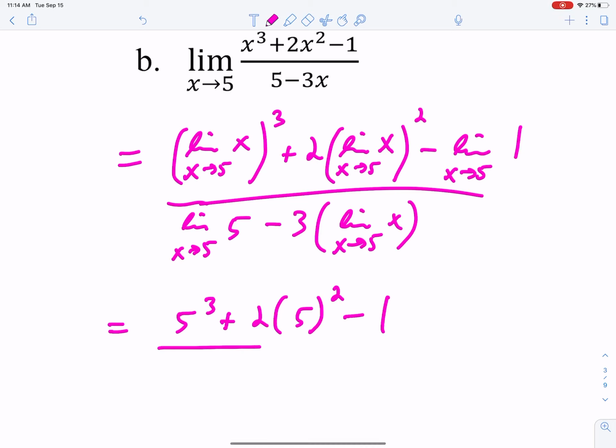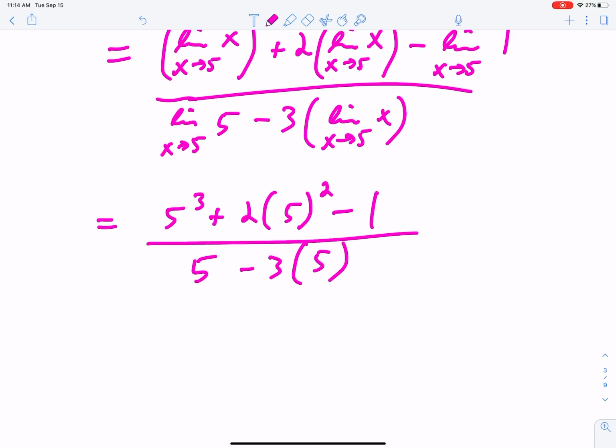It's the constant. This is a constant 5 minus 3 times the limit of x, which is 5. All right, and then of course you can do your PEMDAS. Make sure you use PEMDAS, very important.